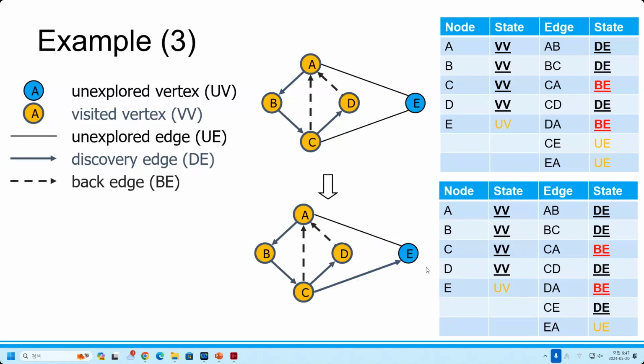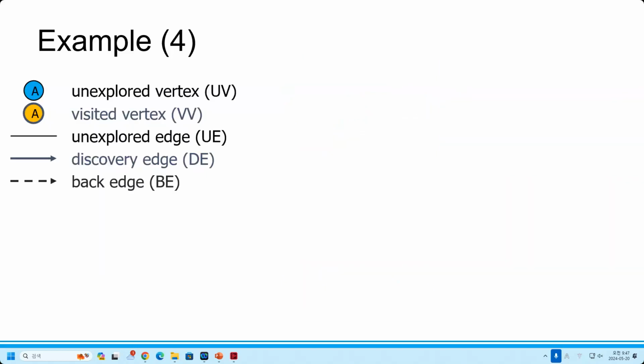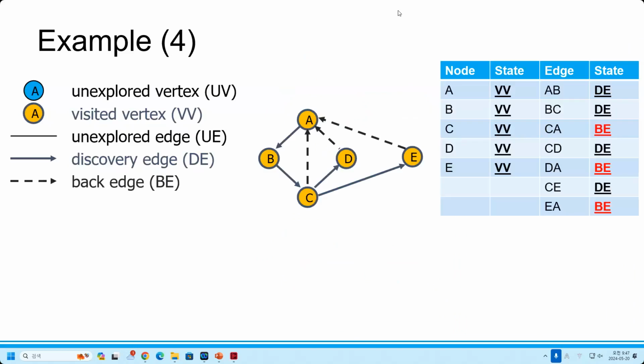After we have CE as a discovery edge, we set E as visited, and then we need to check from E. Now we need to check the incident edges of E. The incident edge is this one, and it is returning back to A. And A has been set as visited. Therefore, EA is back.